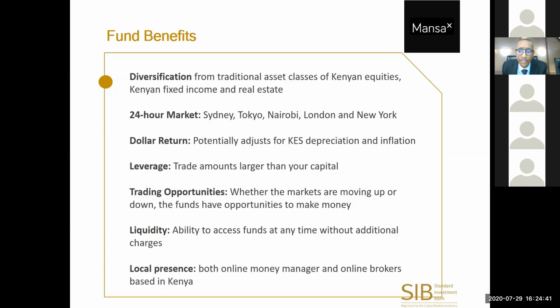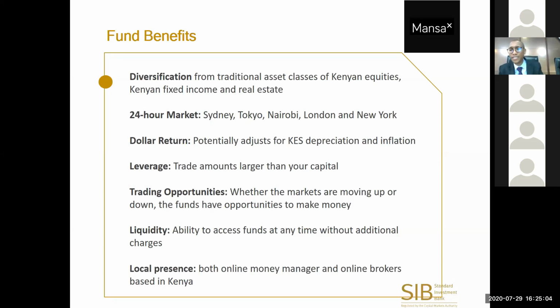And this is one of the biggest advantages of Mansa X. It might be very difficult for you as an individual to create an optimum diversified portfolio on your own, without incurring a lot of transactional fees and even just the time required to create such a portfolio.